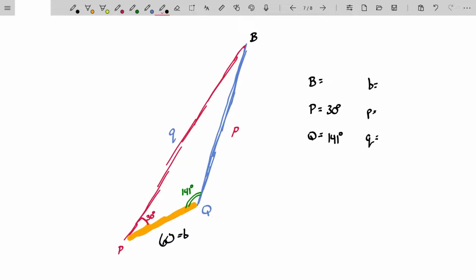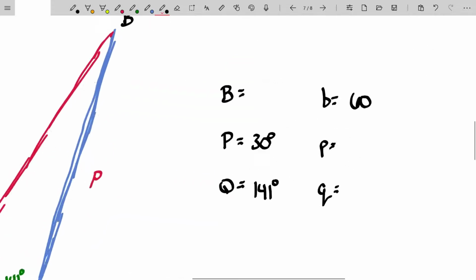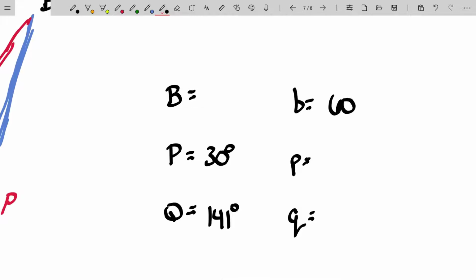And we were given side B is 60. And you don't see a full row, and you think, I guess I can't use law of sines. But actually you can complete this row because you have two angles in a triangle already. So 180 degrees minus the sum of those two angles will give you this 9 degree angle.